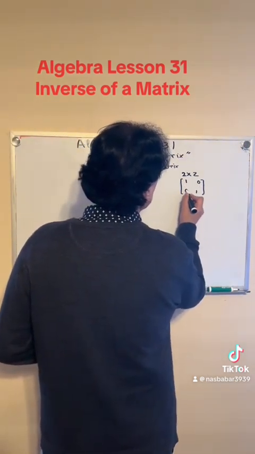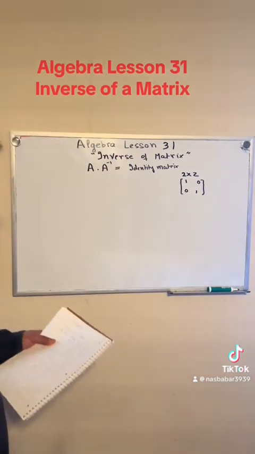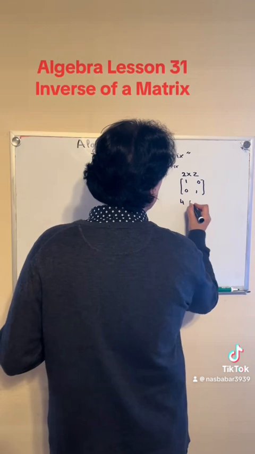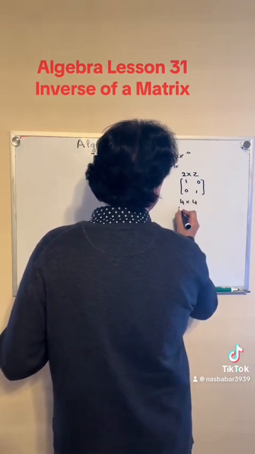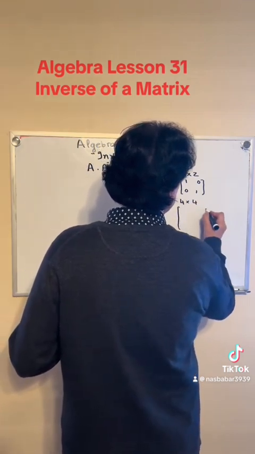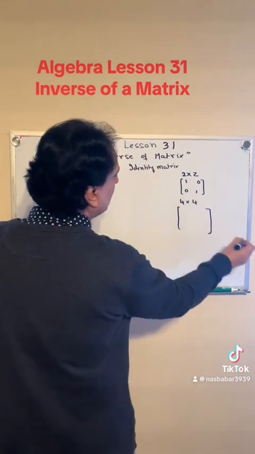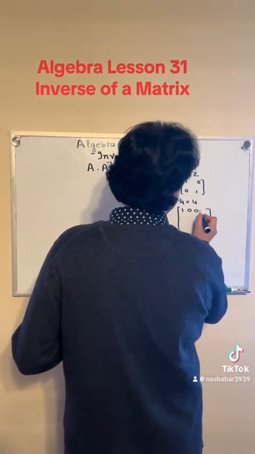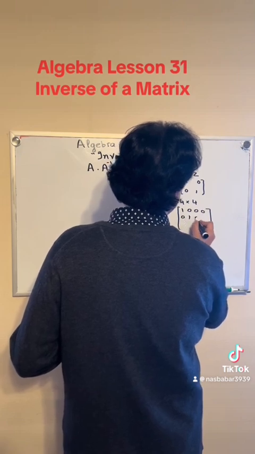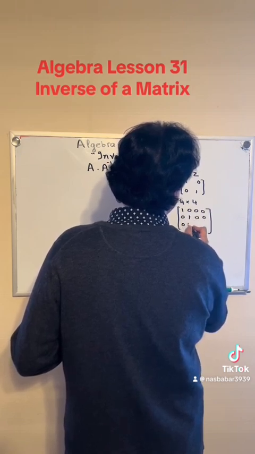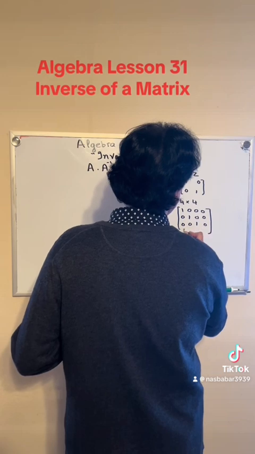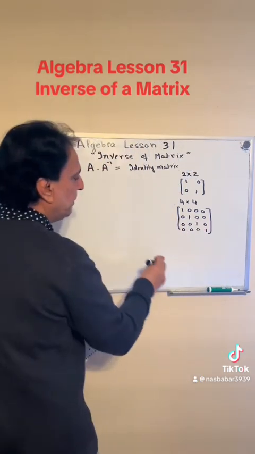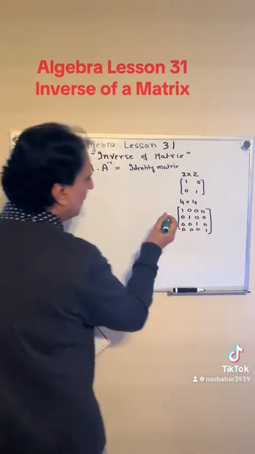That's your 2 by 2 identity matrix. If you have a 4 by 4, then in the diagonal you will see all ones: 1, 0, 0, 0, 0, 1, 0, 0, 0, 0, 1, 0, 0, 0, 0, 1. This is the identity matrix for a 4 by 4.